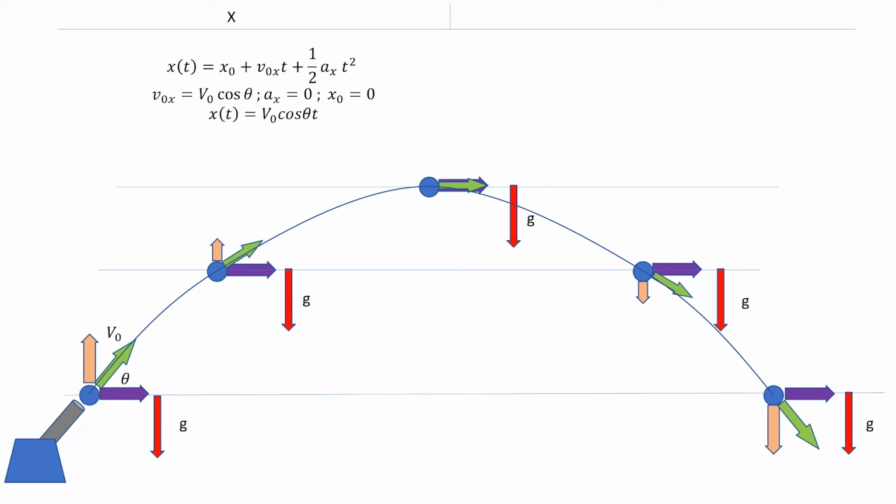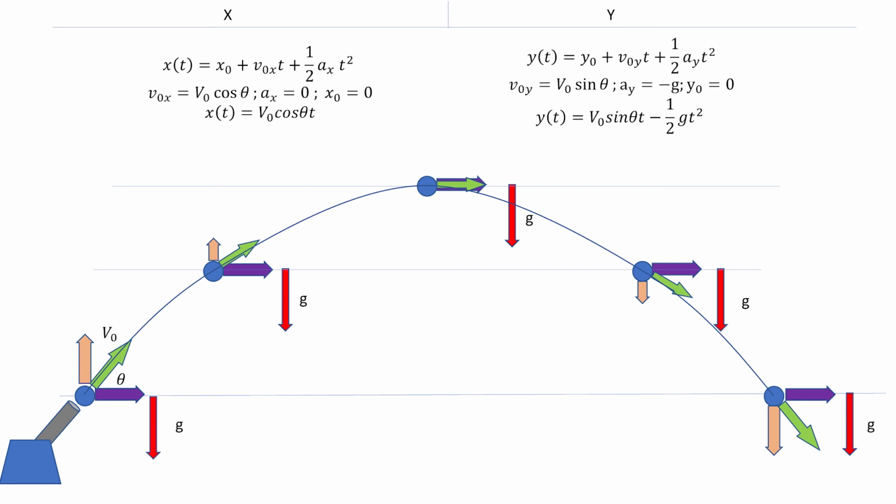We do a little bit of rearranging, and this is what the motion in the X direction looks like. Well, what's going on in the Y direction? Same exact kinematic formula. The laws of physics are the same up as they are left and right. Only in this case, the initial velocity is V0 sine theta. The initial acceleration is negative g. So I've actually got something going on here. And now my formula looks like this.